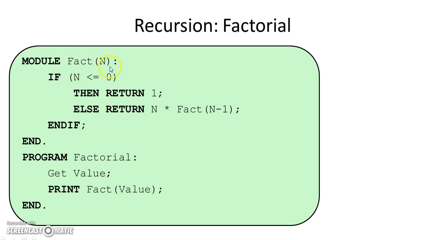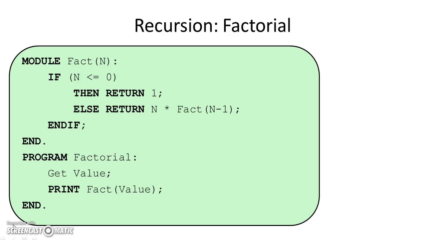So it takes in fact n, and then says as long as the number passed in isn't 0 or less, we take that number and multiply it by the fact of n minus 1. So let's say the number is 4. What'll that tell us?